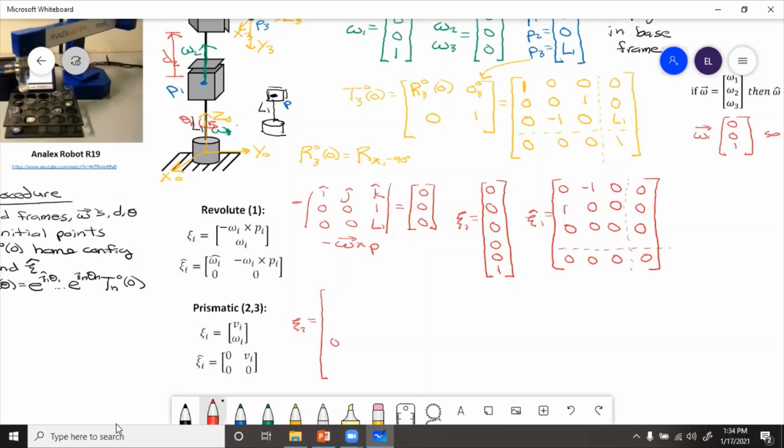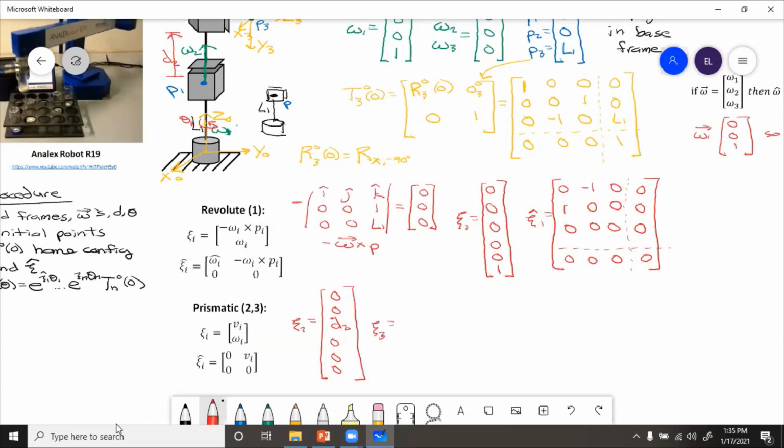We know omega is just going to be 0, 0, 0. And then the V in the top will just be D2 dot, which goes in the vertical direction. So that is original Z. So we have 0, 0, D2 dot. Linear and then angular.